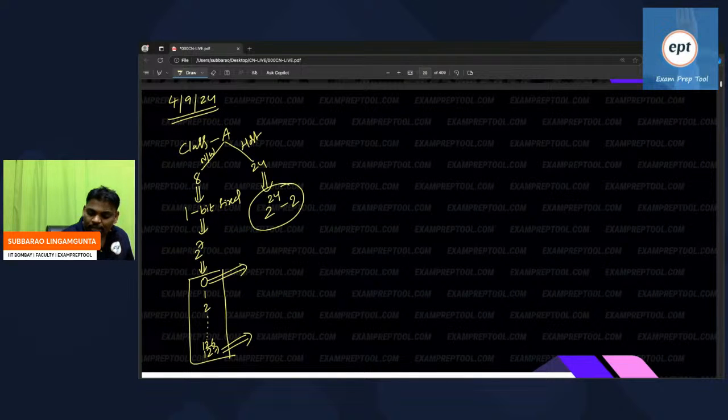So these two we cannot use. 0 to 127, see, these are all IPs. For host purpose, you can use 1 to 126 only. From today onwards, if anyone asks you in class A, how many total networks? 0 to 127, 128.